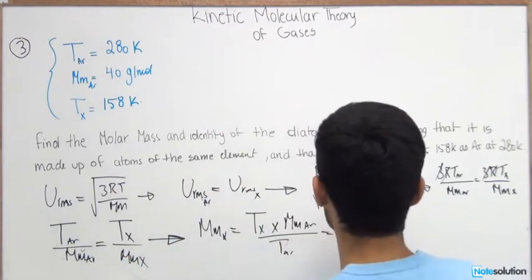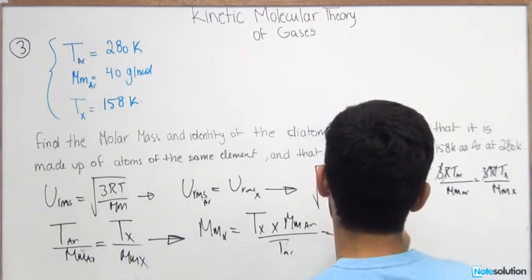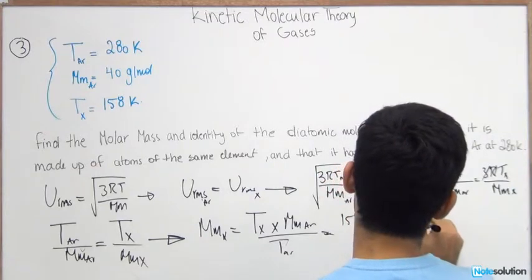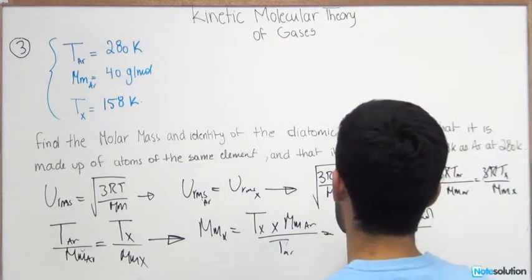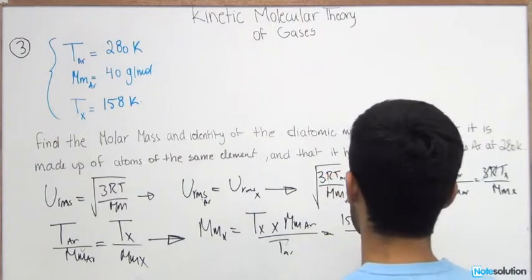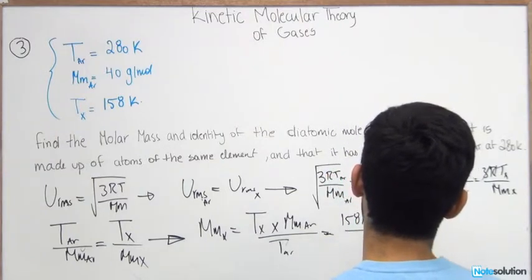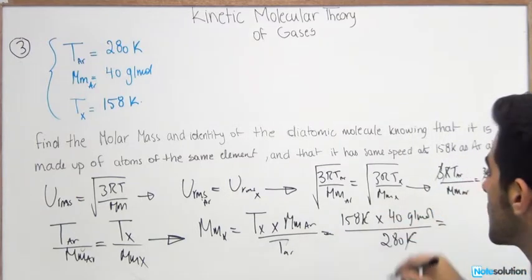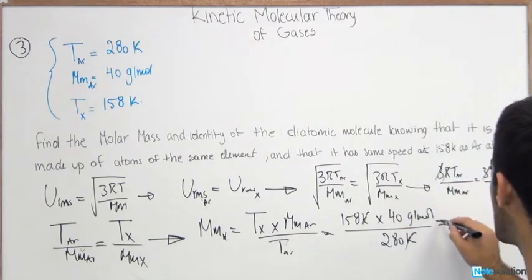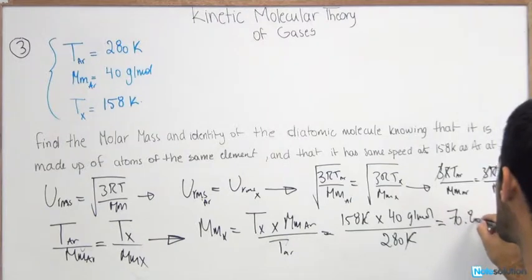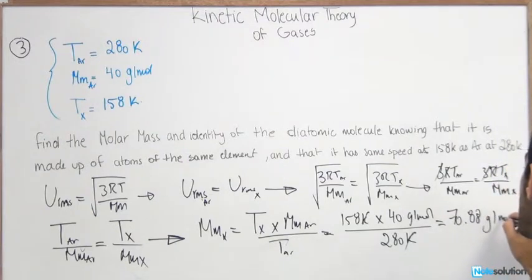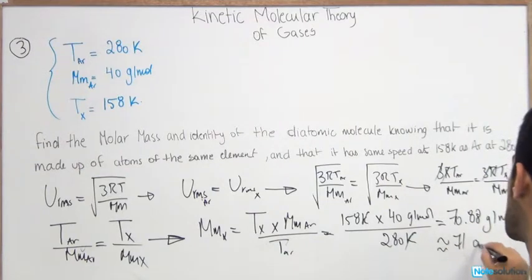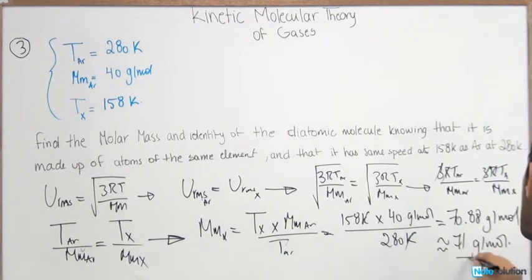We're going to substitute the numbers now: 158 Kelvin times molar mass of argon, which is 40 grams per mole, over the temperature of argon, which is 280 Kelvin. So Kelvin cancels off with Kelvin. You do the calculations, you should end up with around 70.88 grams per mole. So it's around 71 grams per mole.